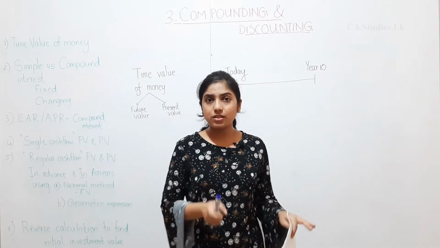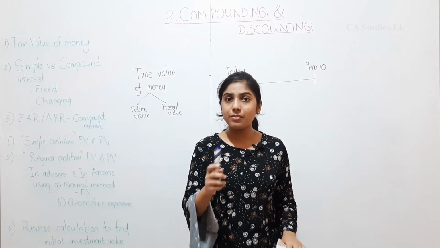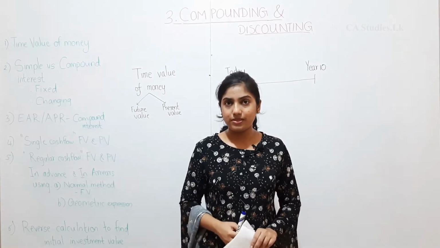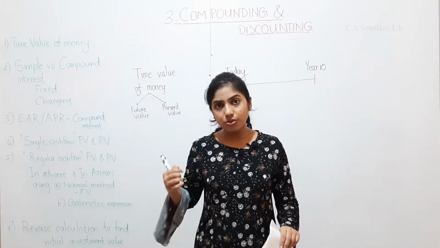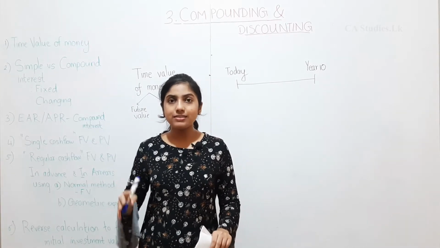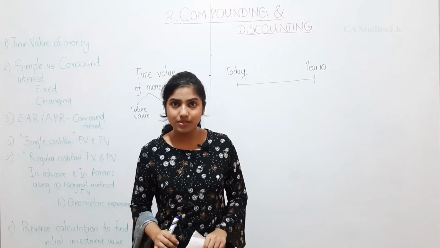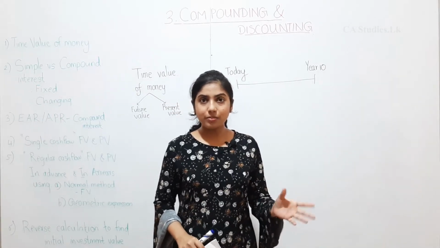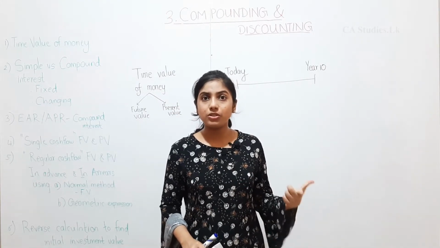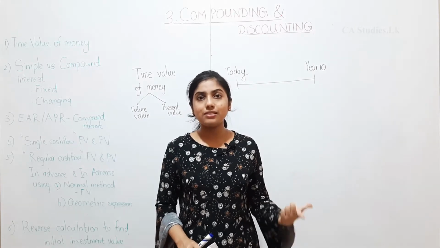In 10 years, 1 kilo of rice may be equal to 250 rupees. But today, rice, milk and eggs are all equal to 250 rupees. But in 10 years, maybe only the rice is equal to 250 rupees and the milk and eggs have a different price.